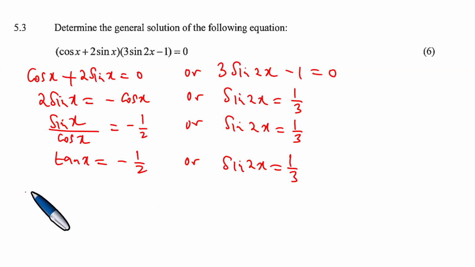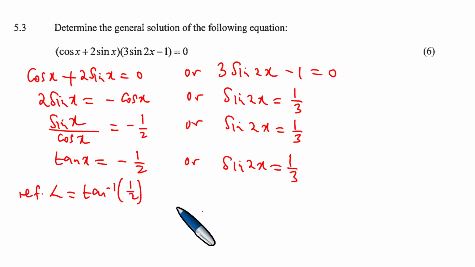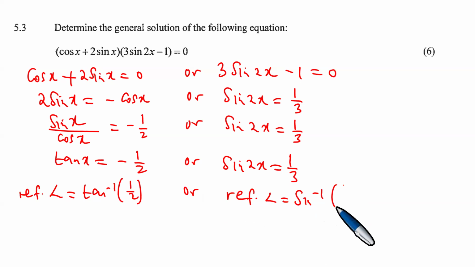At this point, we proceed to get the reference angle. Because we have these trigonometric equations, we always need to get reference angles. The reference angle is obtained by getting the arctangent of the positive, always the positive, of 1/2, or for the equation on the far right, the arcsine of 1/3.